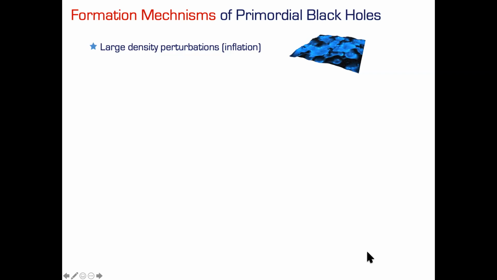Be it from inflationary perturbations, probably with the help of a reduction of pressure, say using the QCD phase transition. I will talk later on more about this, where when you have radiation domination at early times and you reduce the pressure, which usually works against gravity, these overdensities have it easier to form a black hole, right?